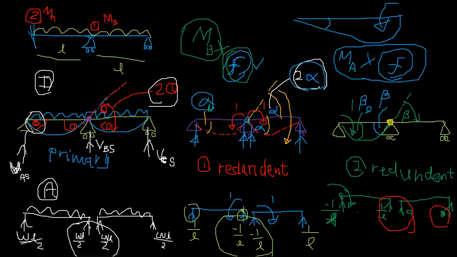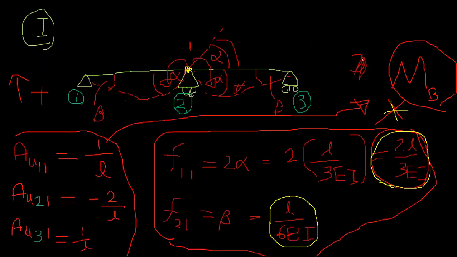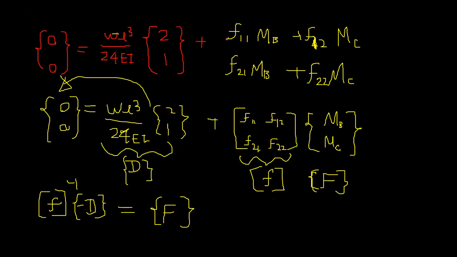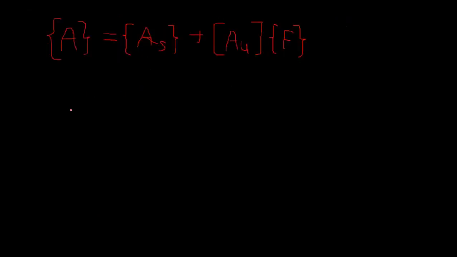These actions are equal to this action plus these are for a unit force. So you need to multiply the actions by the actual force. And when you simplify this, I will write it, no problem. So here it's VA, here it's VB, here it's VC.